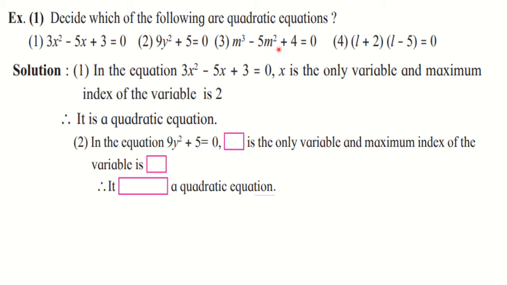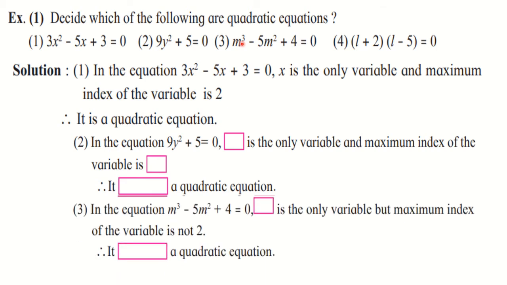But now observe question number 3 here. In question number 3, you will observe that m is the only variable, meaning the first condition is satisfied. But you will see that the highest index here is 3. So the second condition is not satisfied. See, again it's an activity based question. So what we will write down in the equation: m cube minus 5m square plus 4 is equal to 0.